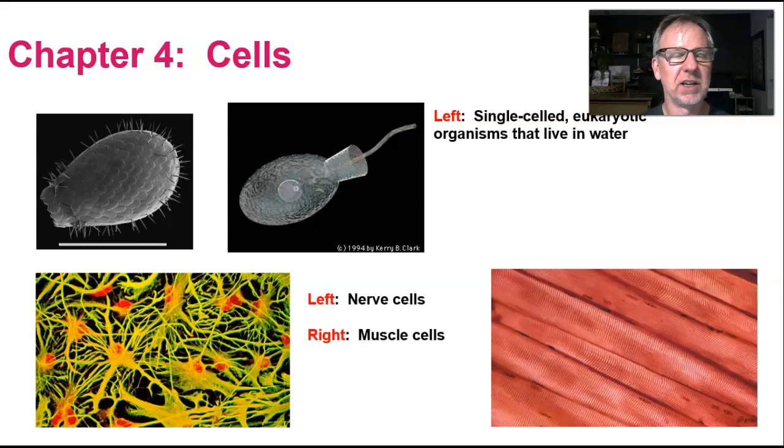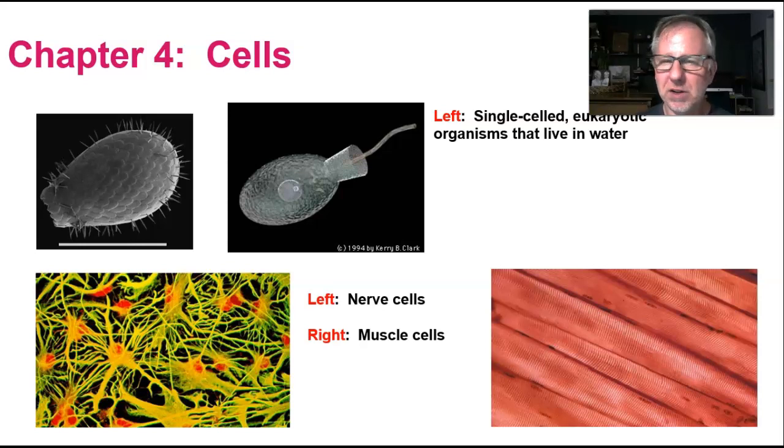Those are commonly called protists. And in just one drop of water, there could be hundreds of them. The bottom two images are cells from our own human body. Nerve cells that are long and stretched out, used for communication, and muscle cells that are also long, and they contract and elongate and help with movement.